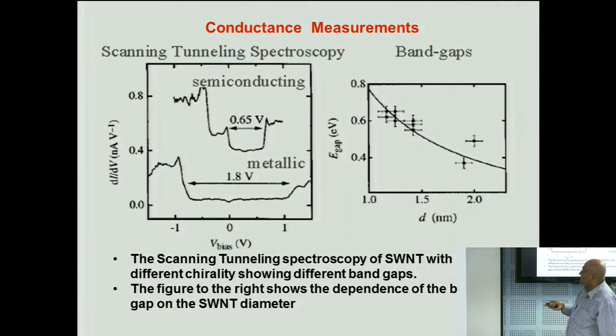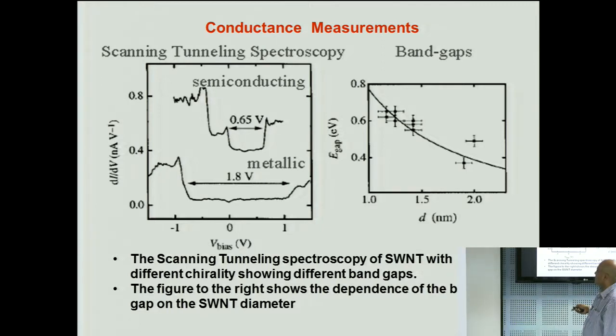We will tell you why it becomes metallic and semiconducting at the same time, but what is important is this: you can make the carbon nanotube go from metallic to semiconducting by changing its diameter. As you make the diameter bigger, the energy gap actually goes down.